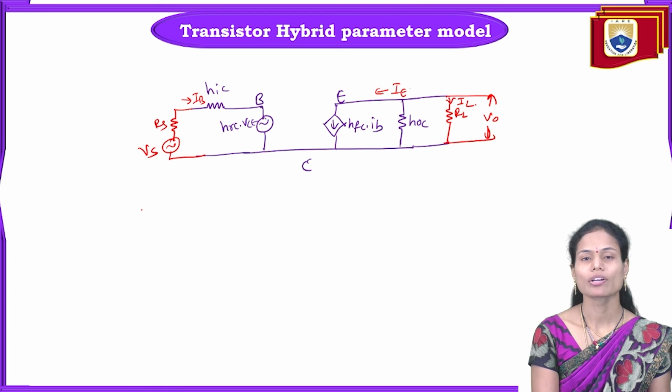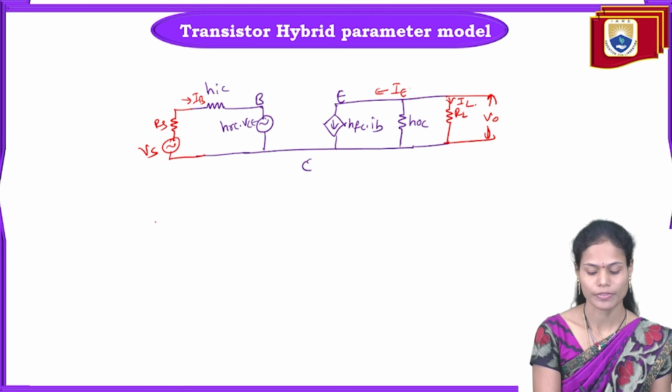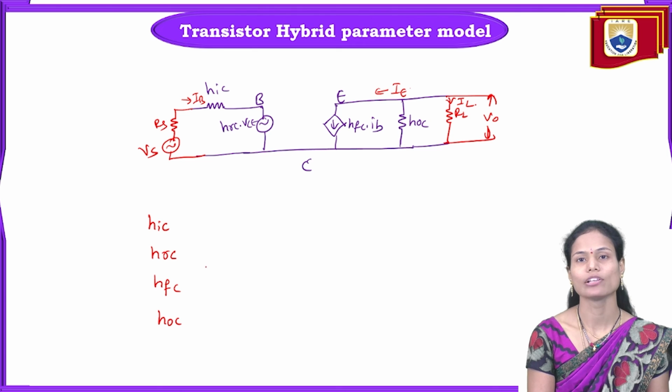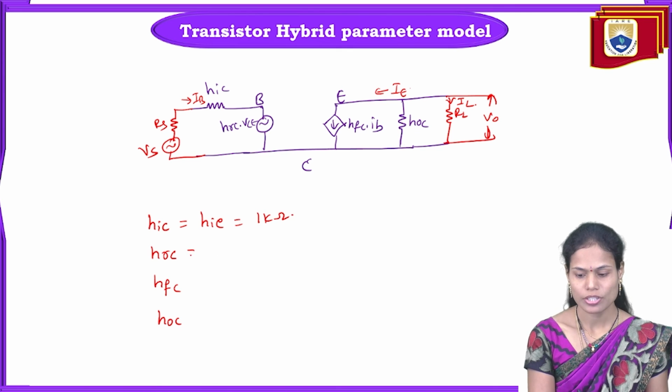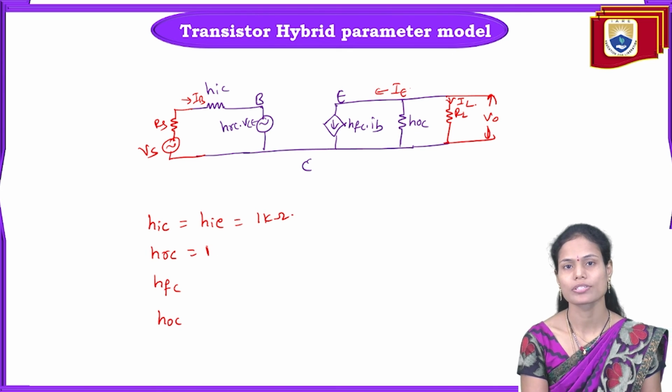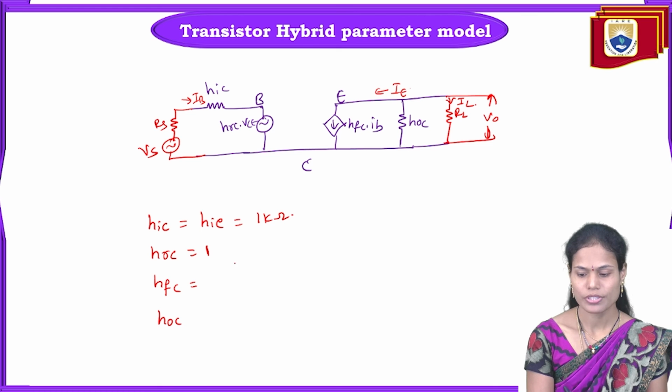Along with this we require the conversion of H parameters into the common collector configuration. So that is HIC, HRC, HFC, HOC values we require. Here the input impedance in the common collector as well as in the common emitter is the same, so the value is 1 kilo ohm. HRC value is 1 because HFE value is very much less than 1 and HRE value is very much less than 1, and HFC value is minus of 1 plus HFE.